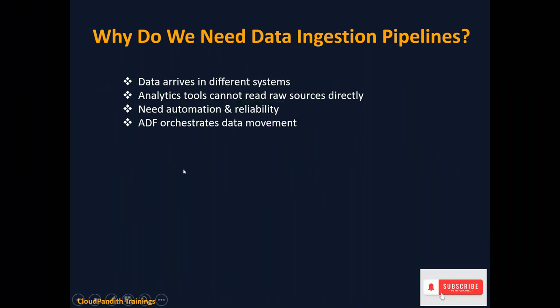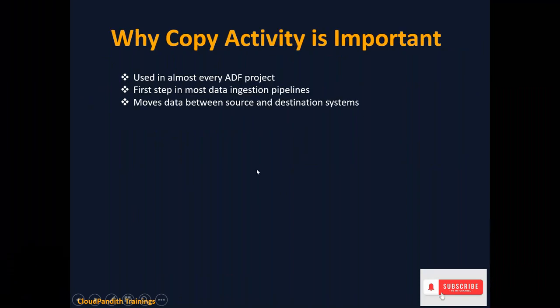Now we clearly understood why we need a data ingestion pipeline. So let's understand why copy activity is important. Remember, copy activity is one of the most important activities in Azure Data Factory. It is used in almost every data ingestion pipeline, in every ADF project.